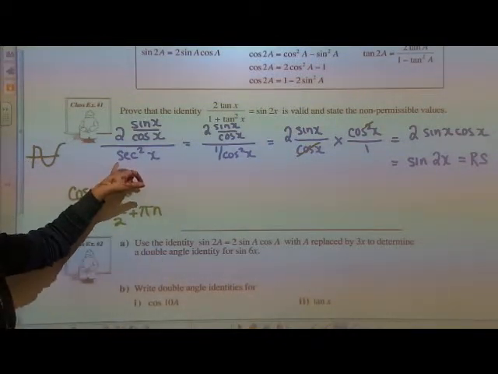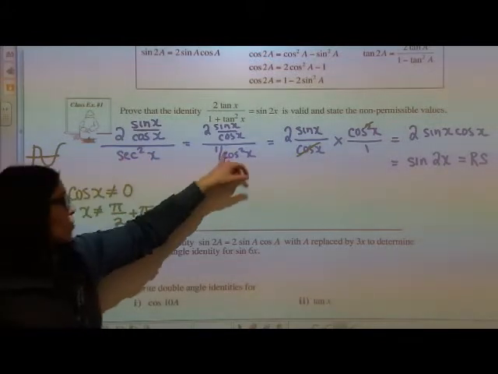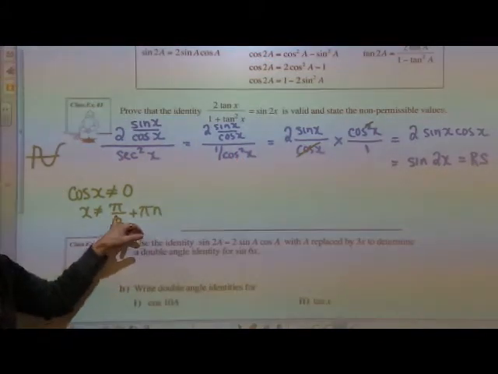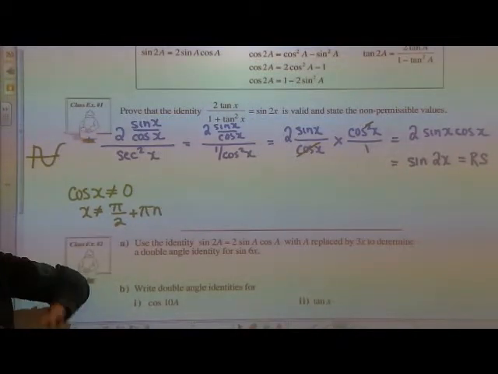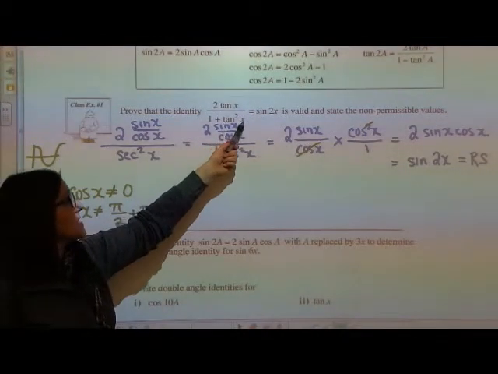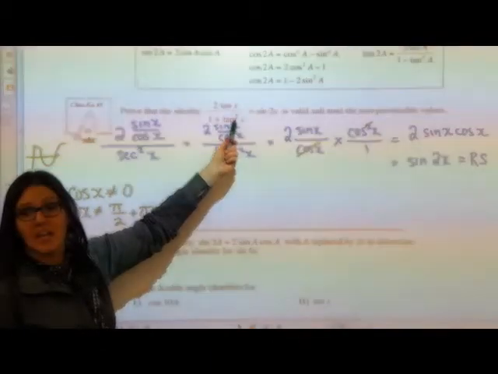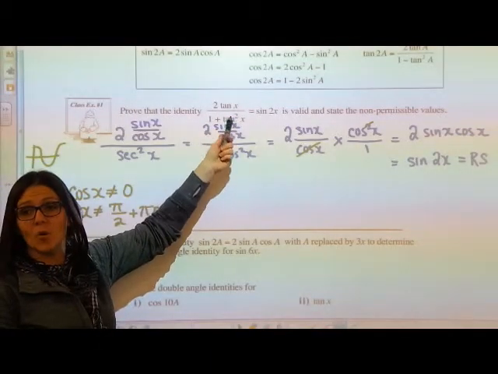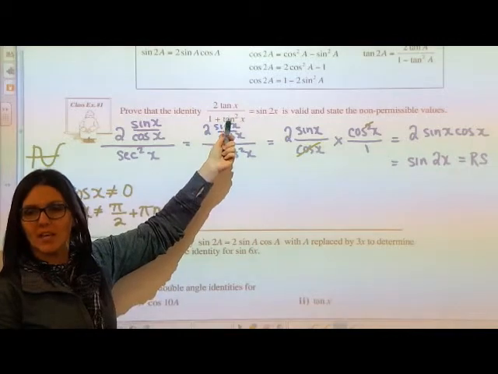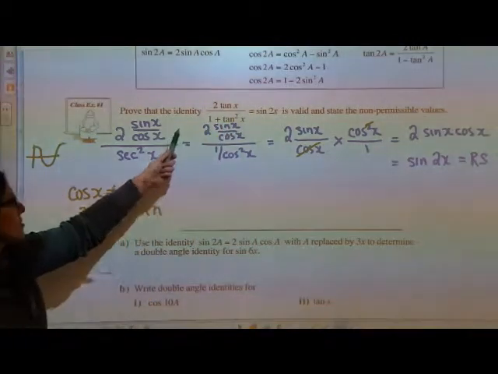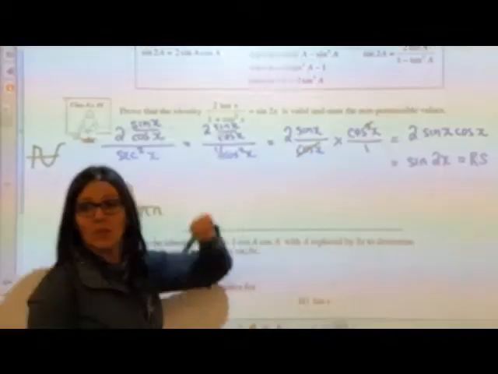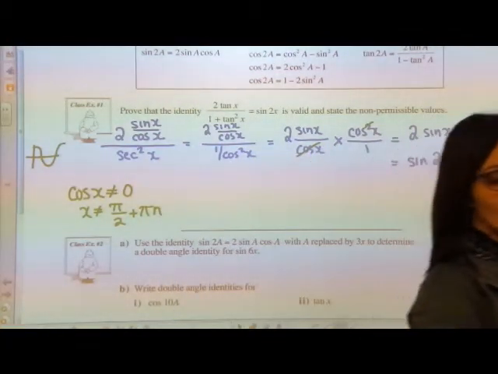With my secant squared x being 1 over cos squared, again we get that denominator that can't be equal to 0, so we've already taken care of that. If tan squared x were to equal -1, I would have a 0, but tan squared is never going to be negative, because I'm squaring it, so it's always going to be a positive value. So I don't have to worry about this denominator. So I've taken care of my non-permissible values.